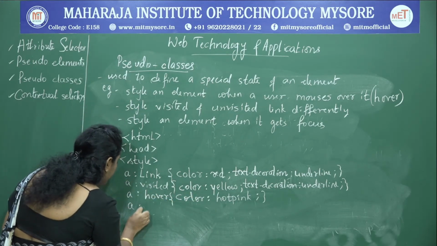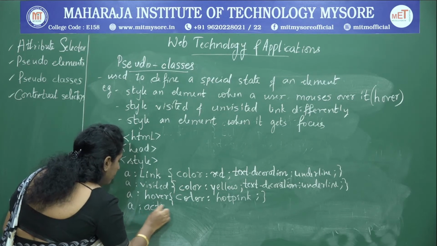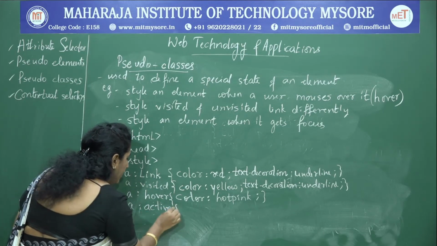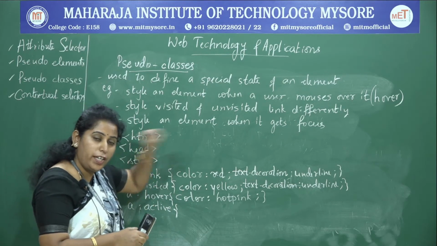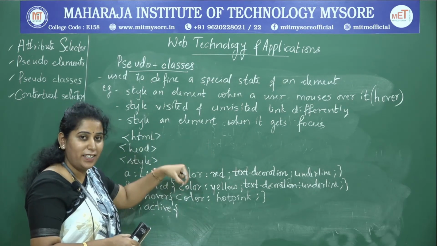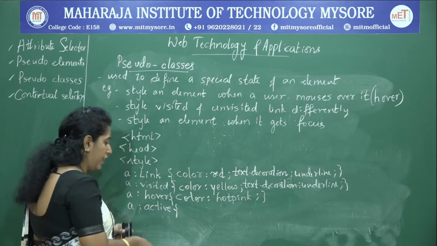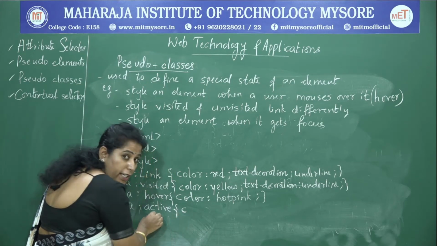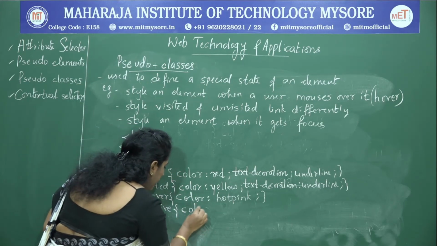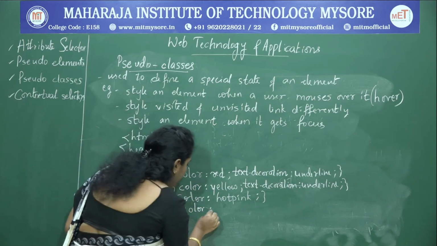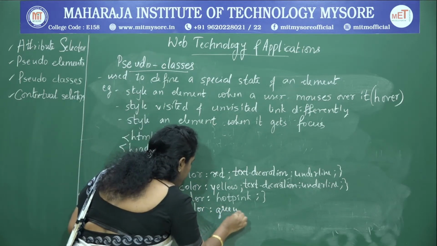Next, active. Active means when you click on that link, you can change the color of the link. How? By using active. Color, I am giving green.